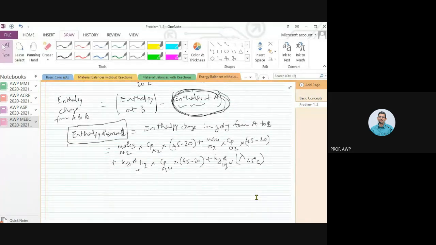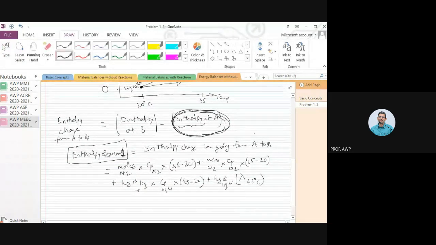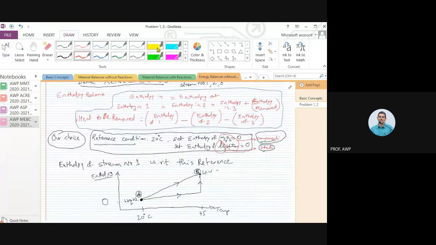Yeah, Arya. So, enthalpy change in going from A to B. What is going from A to B? Nitrogen is going from A to B. Oxygen is going from A to B. Liquid water is at A, that is going to B. Because I have defined my reference as liquid water, I have made enthalpy of liquid water to be 0.